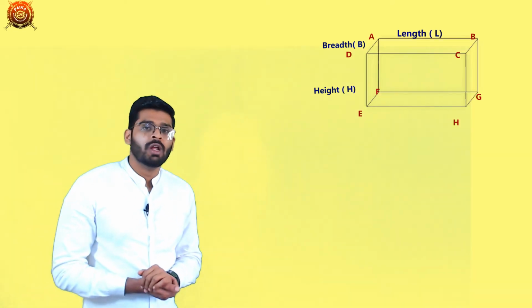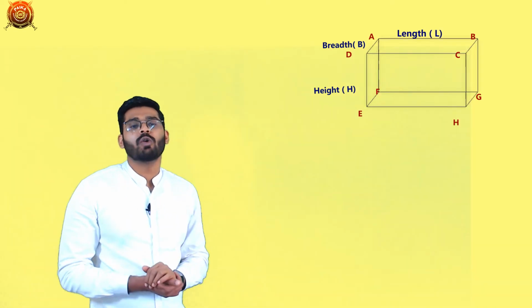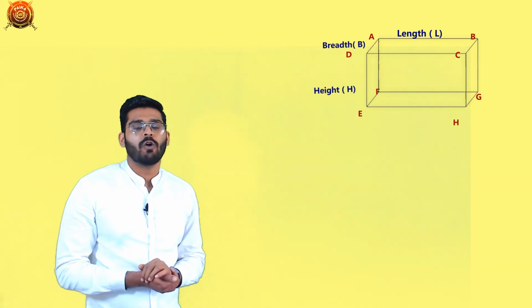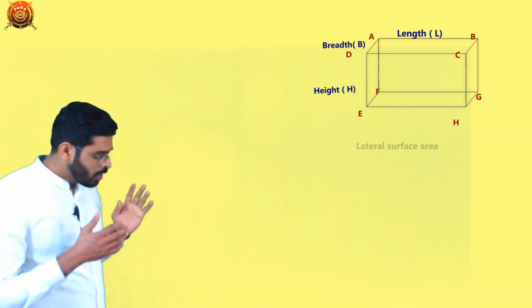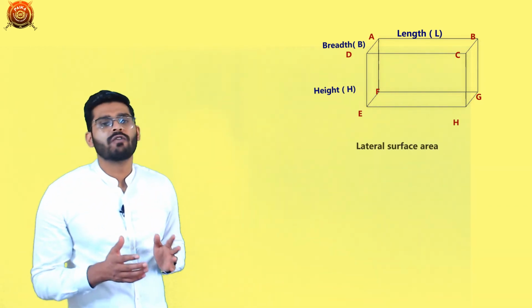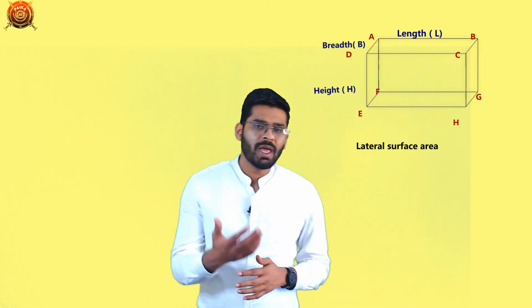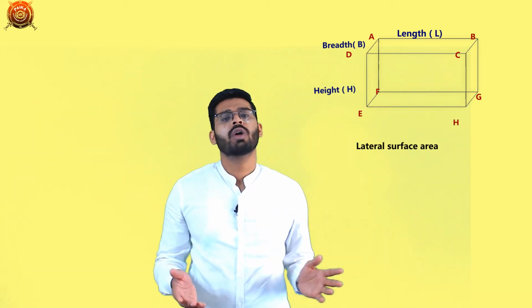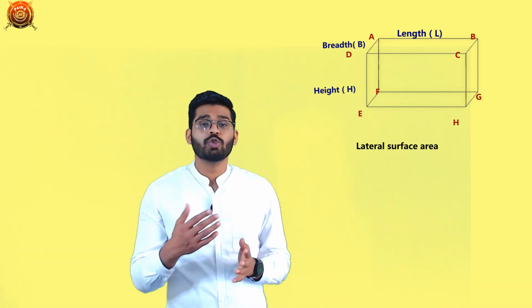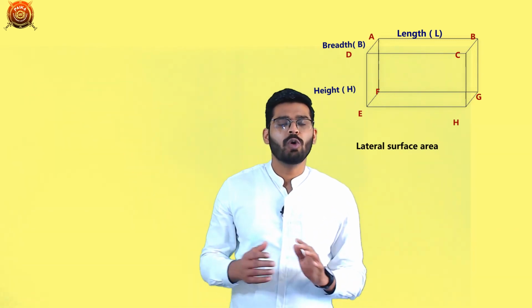Okay students. Now students, we have to find out the lateral surface area of the cuboid. Lateral surface area of a cuboid, or simply we say curved surface area of a cuboid. Students, you may have seen that whenever you do whitewash of your room, you generally leave the roof and floor of the room, and we only do the whitewash of the 4 walls of the room.